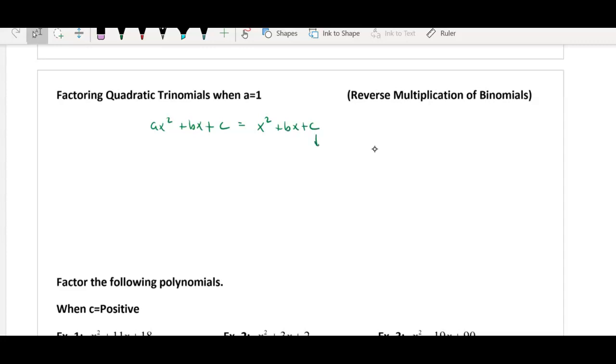Anytime we do this, we find the numbers that multiply to give you c and add up to give you b. And if we find these numbers are, say, d and f, when we go to factor it to get x squared, we need the first two terms of the binomials to be x and x. And then we say it's plus d plus f.